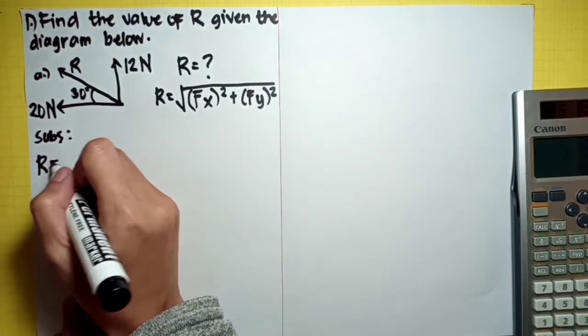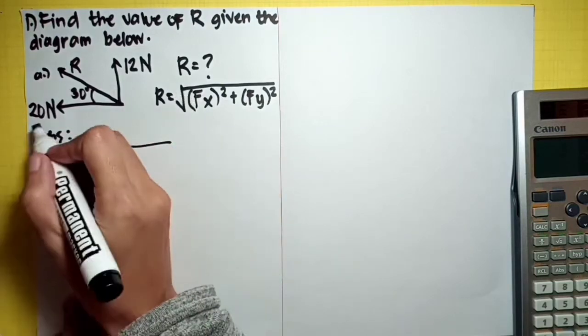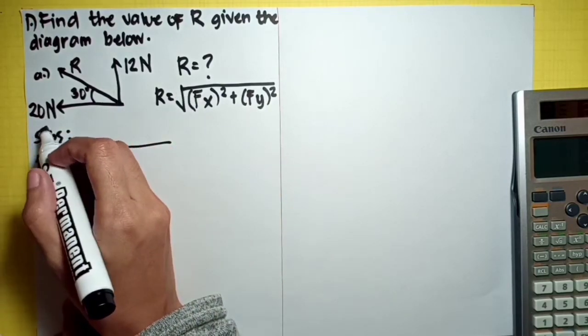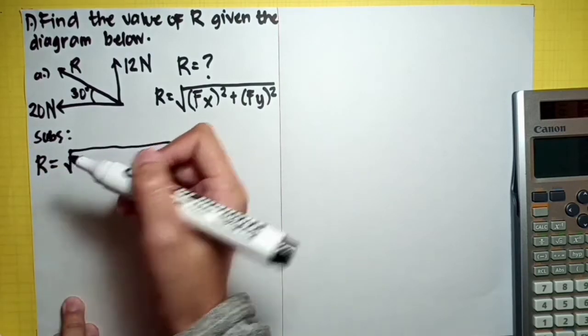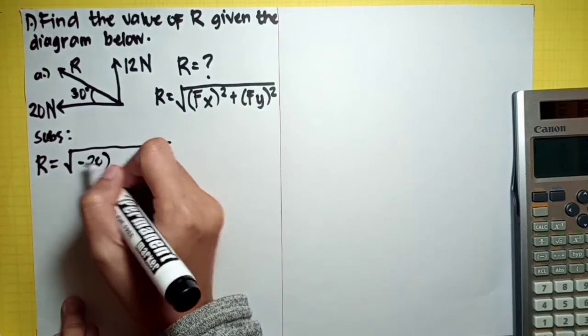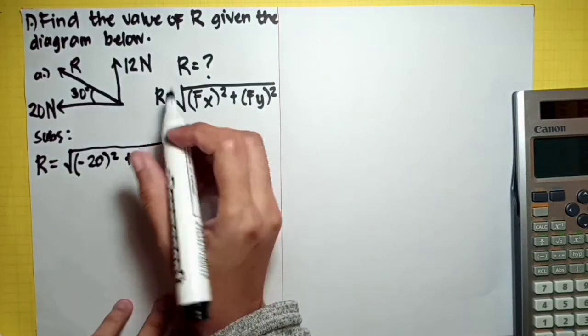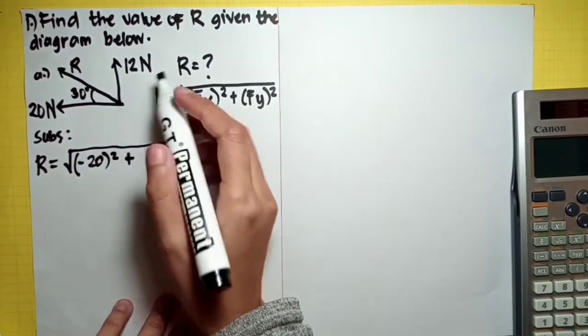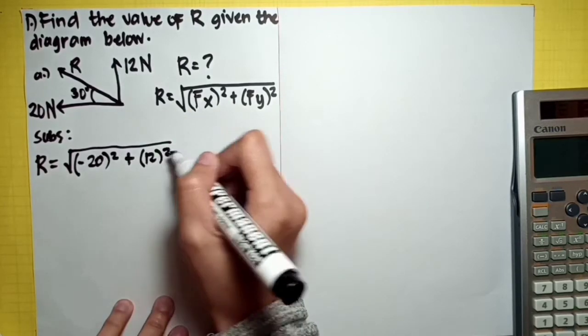So, ang mangyayari R is equals to the square root of, since ang 20, which is F sub x, ay nasa second quadrant, which is negative, so ang lalagay natin is negative 20 raised to 2 plus, ang F sub y naman ay positive kasi nasa taas siya, so positive 12 raised to 2.